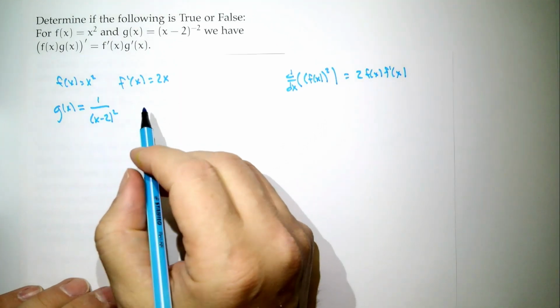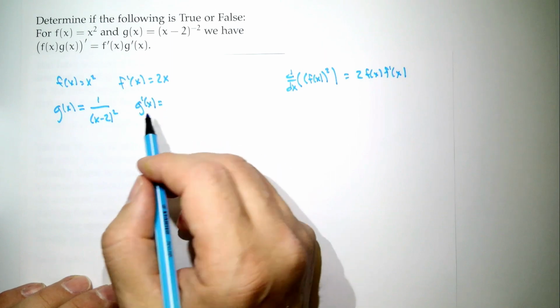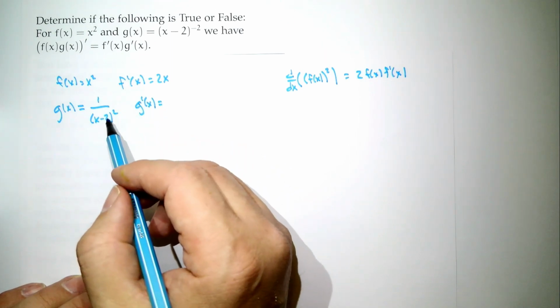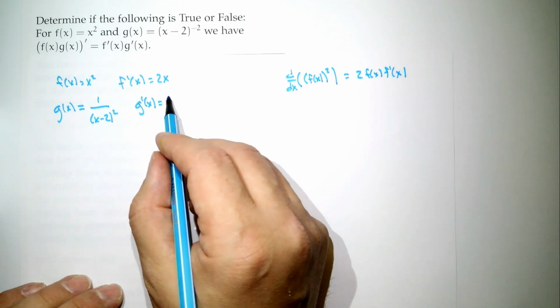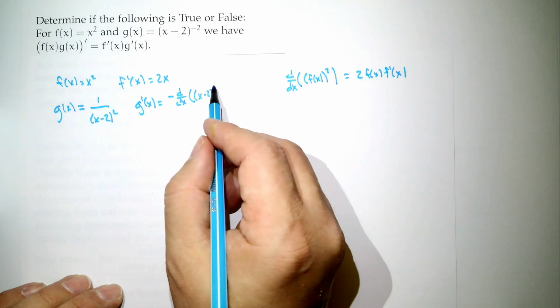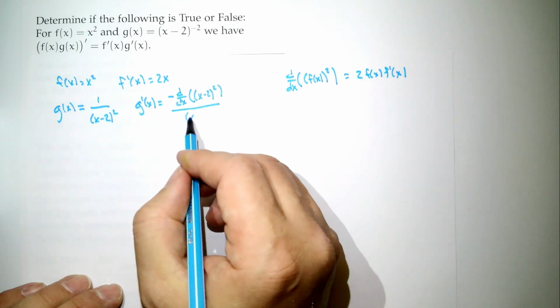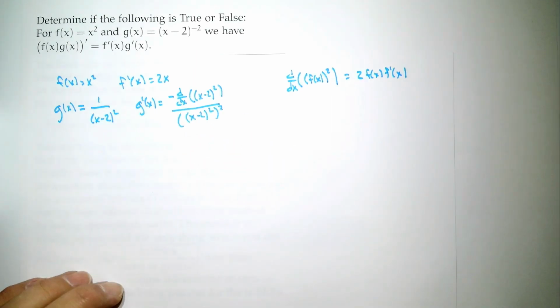So, g prime of x. Well, according to this, it's a 1 over, so you can use the reciprocal rule. The derivative says you take minus the derivative of what's downstairs, divided by what's downstairs squared. So that's the reciprocal rule.